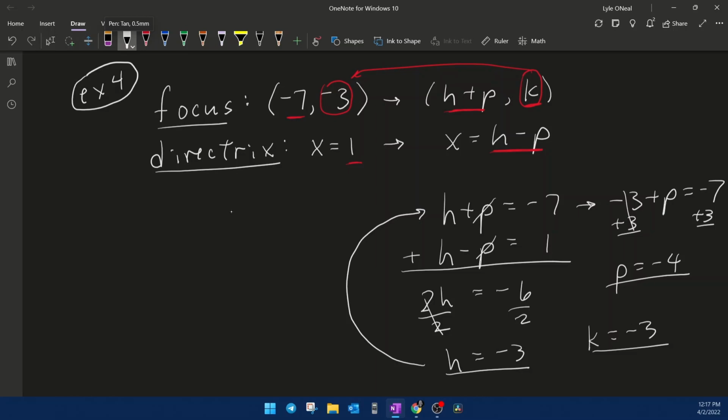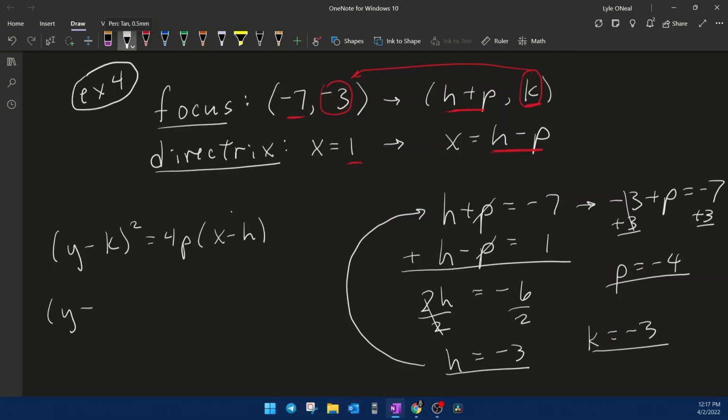So this time, since we had a horizontal axis of symmetry, we know that our equation is going to be (y - k)^2 = 4p(x - h), and then doing a little plug and play.